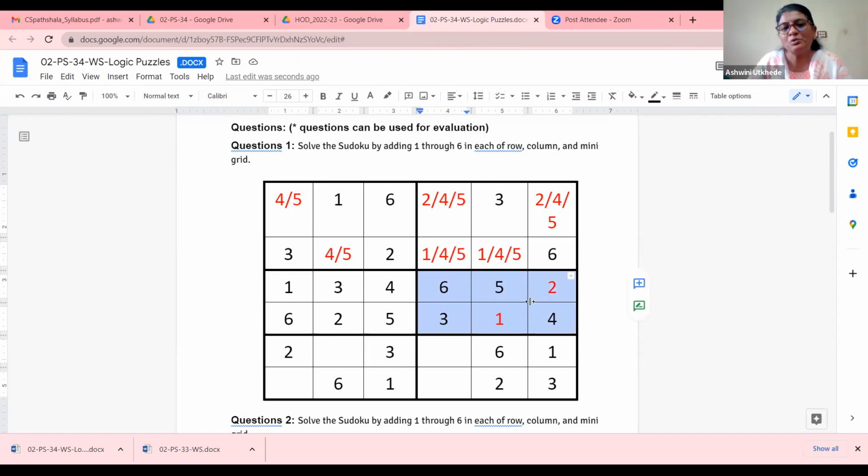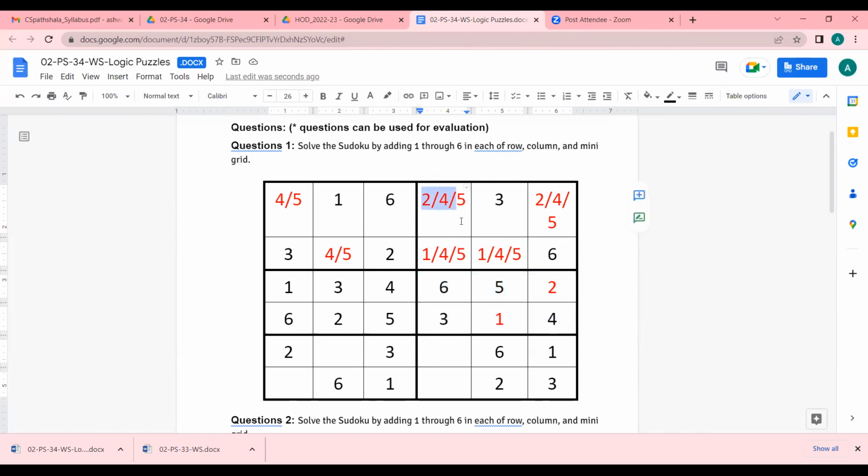Now it is time to revisit our first mini grid and second mini grid to fix the position of 4 and 5. So now tell me what would be eliminated from the second mini grid? Go cell to cell, check each cell.